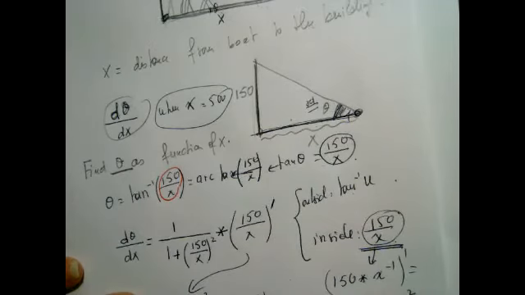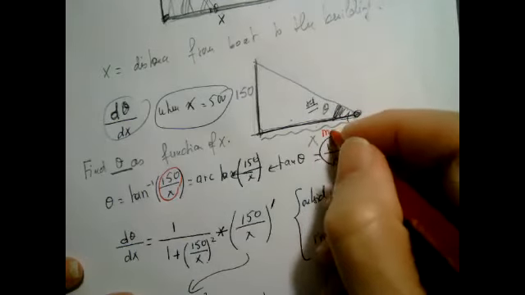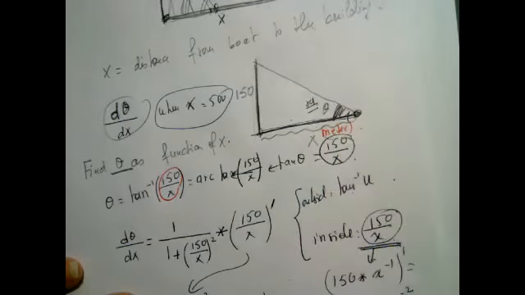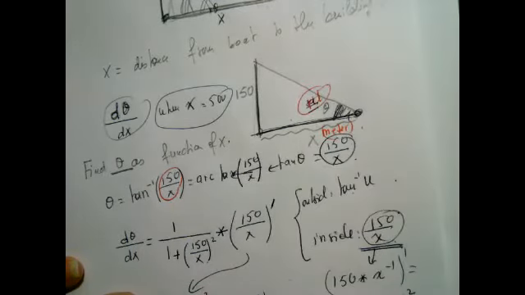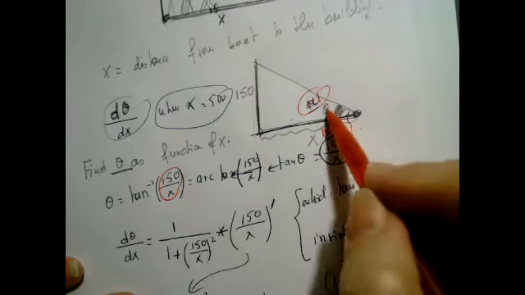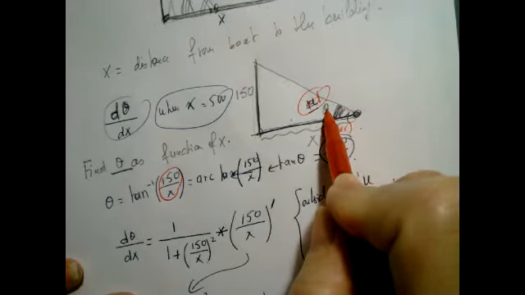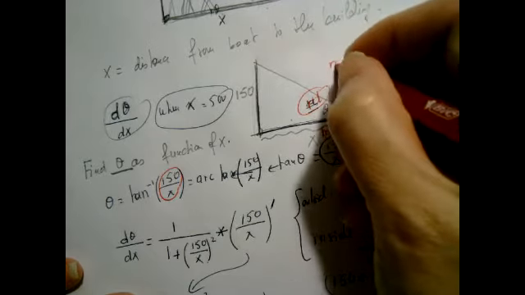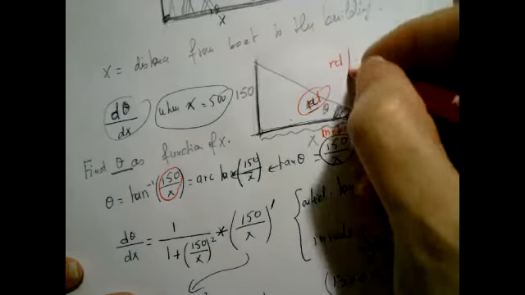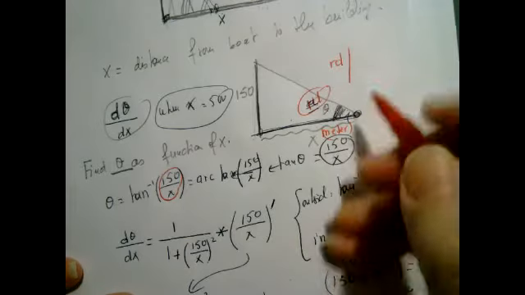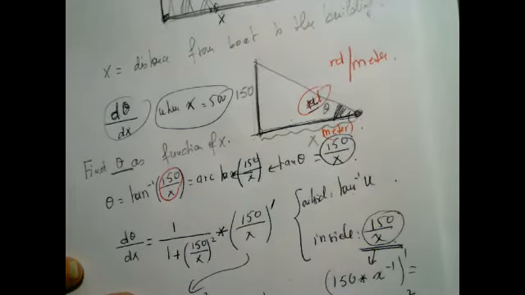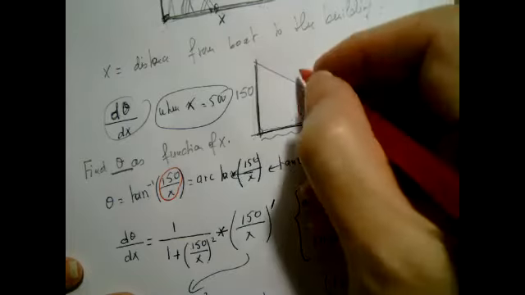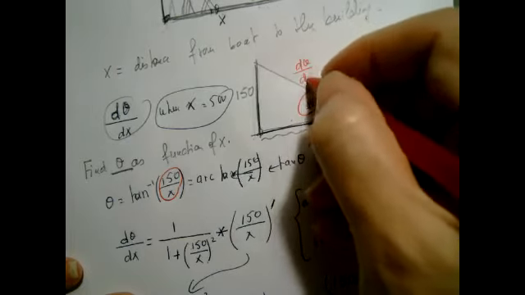In this book, the unit for x is meter. So that's meter, and that's radian. So the unit of the derivative is the unit of theta, which is radian, per unit of x, which is meter. That's how we figure out the unit of the derivative dθ/dx.